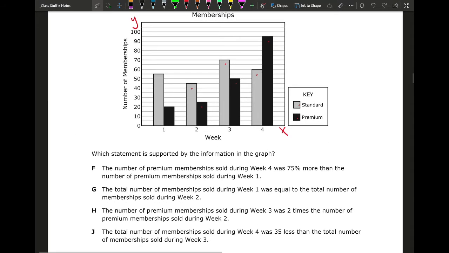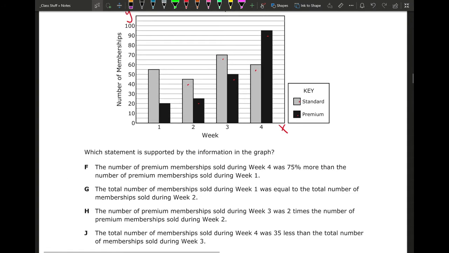It says, the number of premiums sold during week 4 was 75% more than the number of premiums in week 1. Wow. So we're comparing premiums for week 4 and week 1. We're looking at this and this. So we have part of our total, right? Because we need to find the percentage.